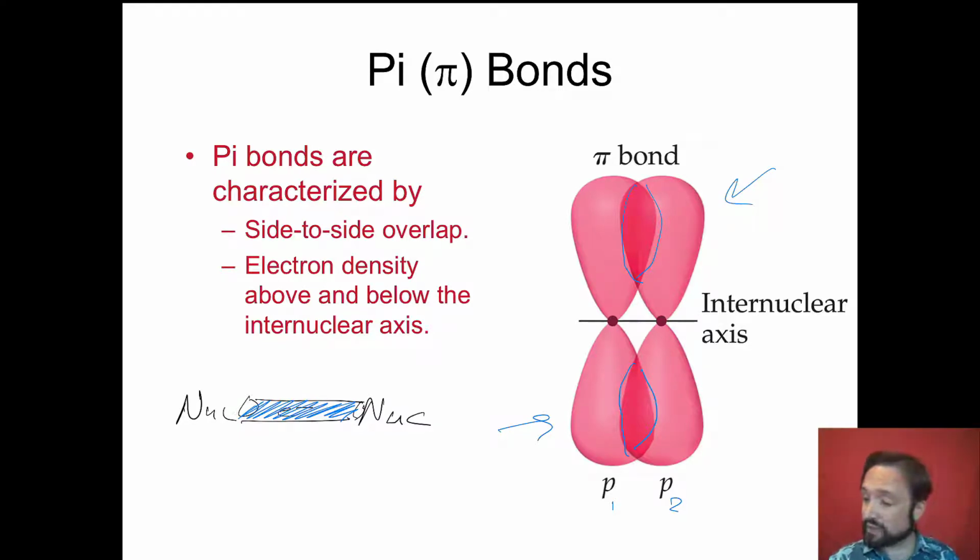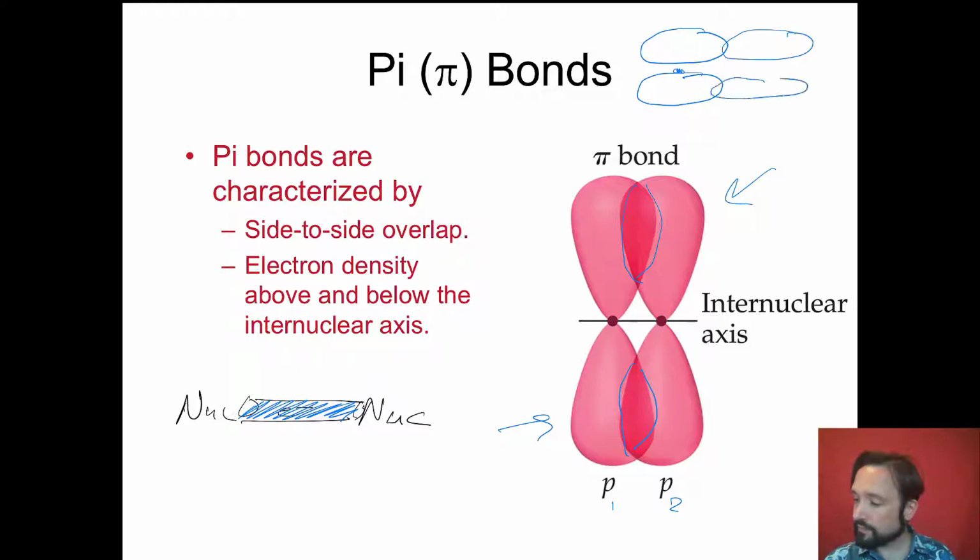This actually works better if we take that more split shape that p orbitals actually resemble a little bit more. And we say, okay, here's p orbital number 1 with my node and my nucleus in the middle. And here's p orbital number 2, with my nucleus in the middle. Now, see here, my area of overlap is actually very small compared to the overall area of the orbital itself.